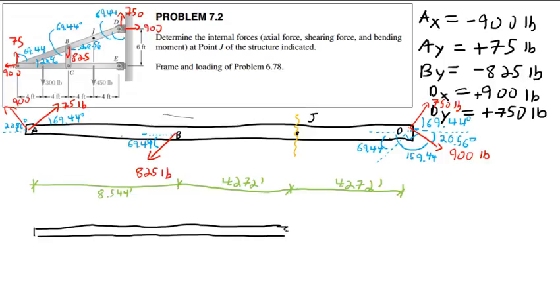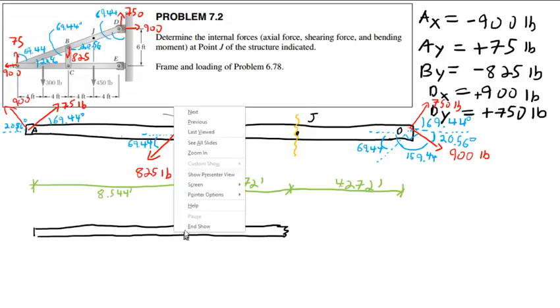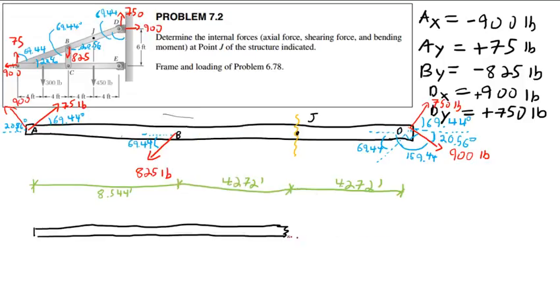Here at joint J, I have a cut here, and I'm going to have some forces on here. So I'm going to have, let me call this NJ, the axial force or normal, the force normal to the member's axis at point J, and your book may use a different notation.